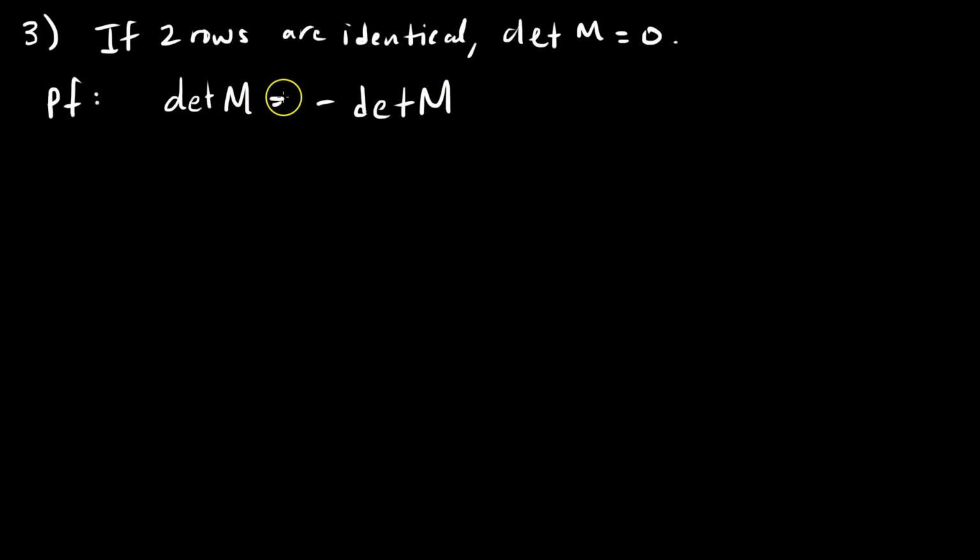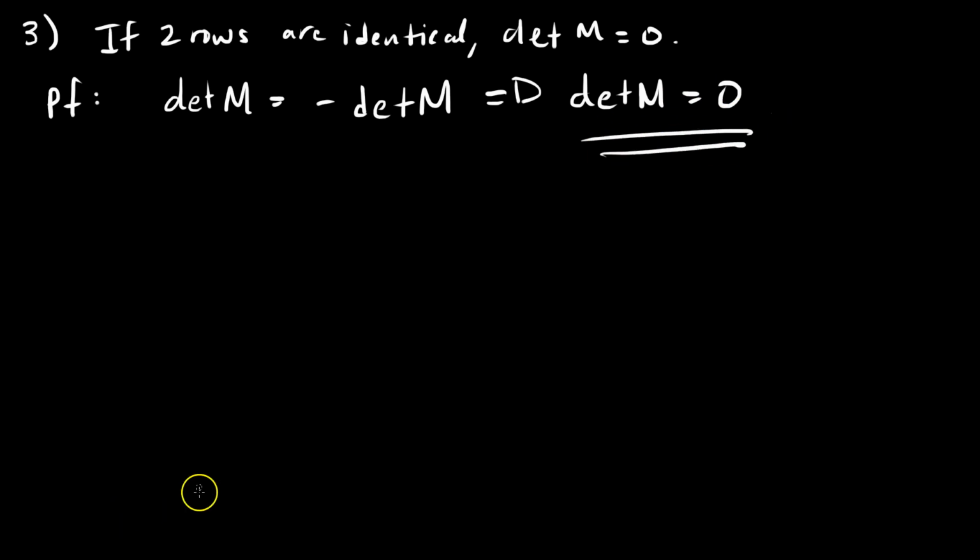So that means that the determinant of M is equal to negative determinant of M. And the only way that this is possible is if determinant of M is equal to 0. So that's a neat little proof.